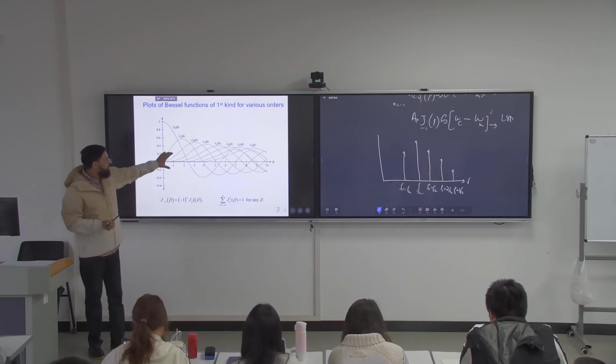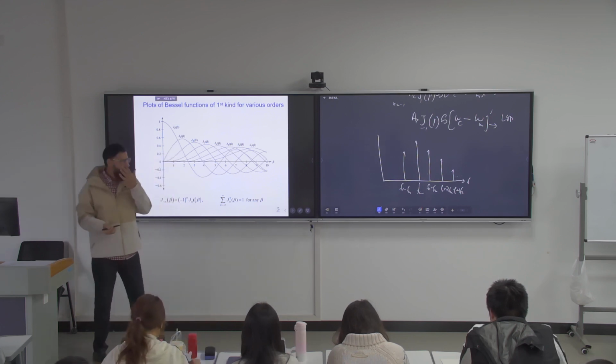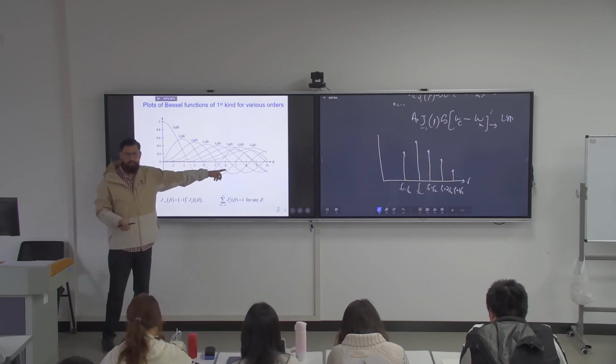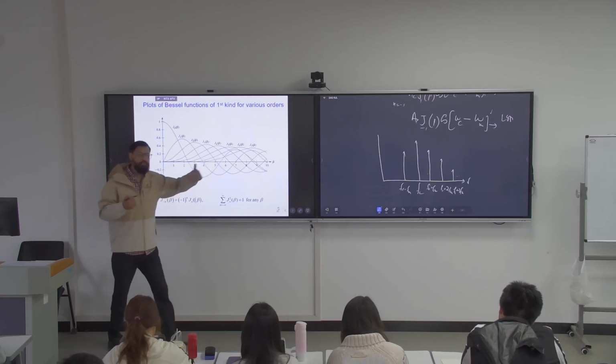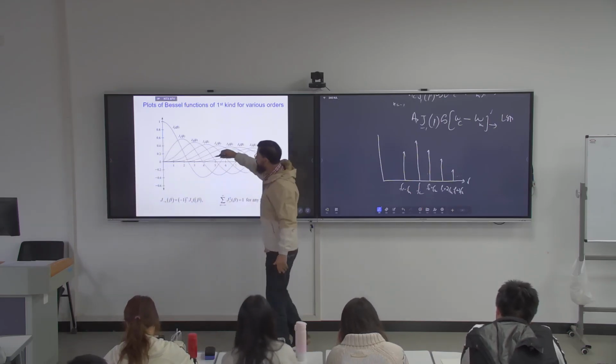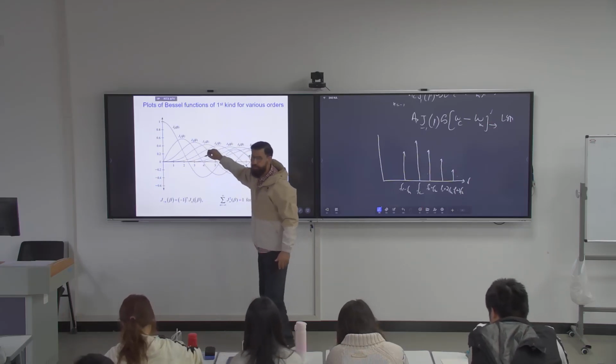So you will see these are oscillations, right? You could say it's a sine. These oscillations are decreasing in magnitude, right? And as beta is increasing, the amplitudes of these waveforms are decreasing.